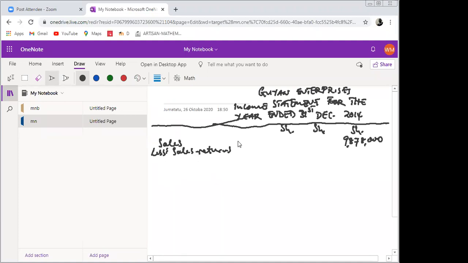Sales is going to be on the credit, but sales returns is going to be on the debit. They normally switch. So 68,000 is the figure that we are supposed to less here. If you less that, how much are you going to get? That is going to be our net sales. How much is that?